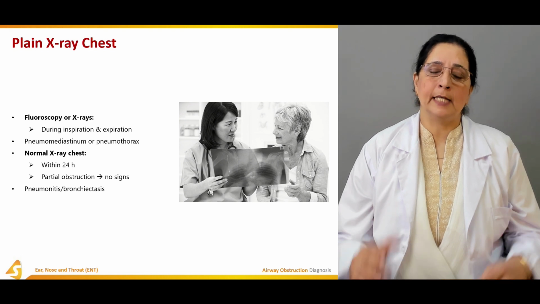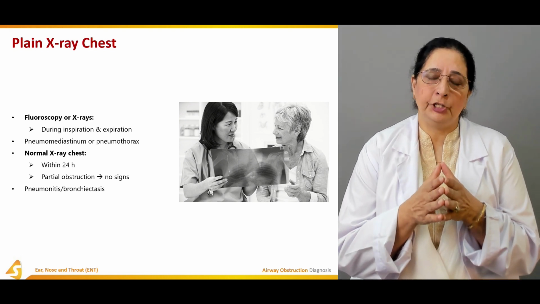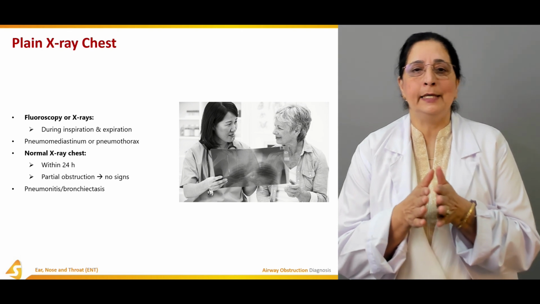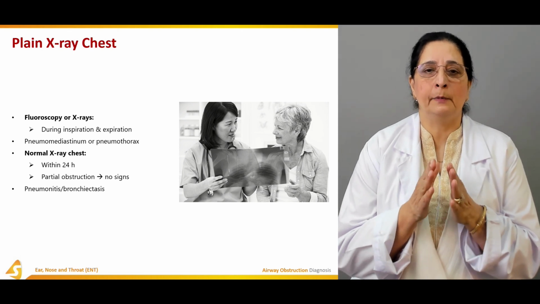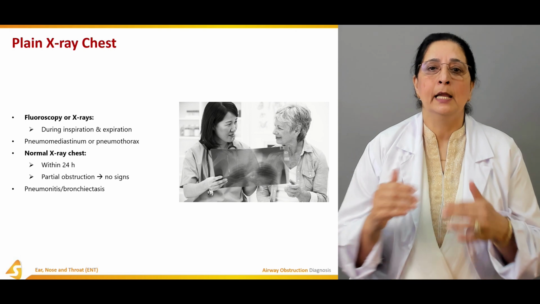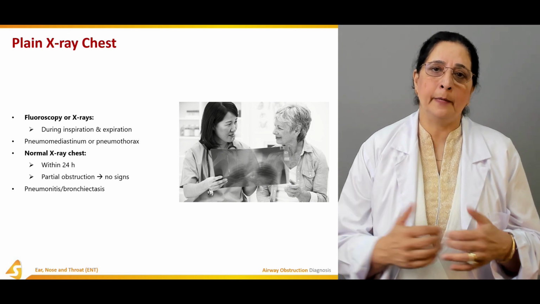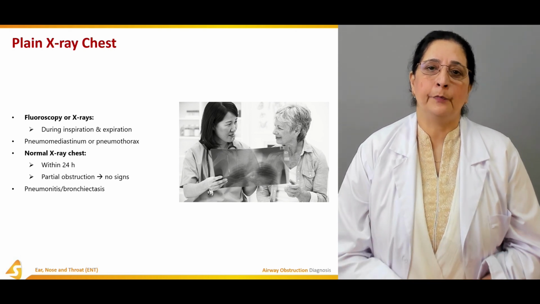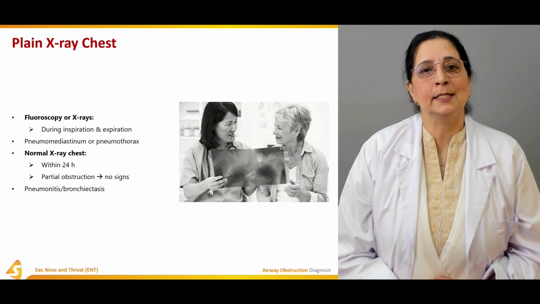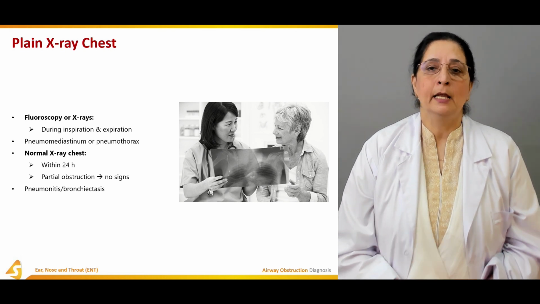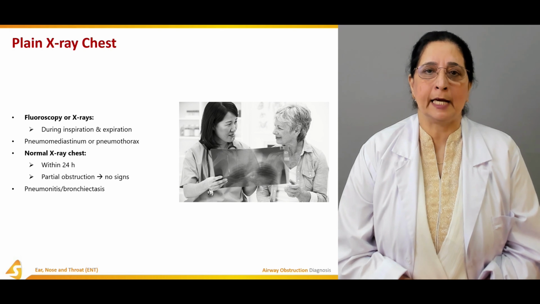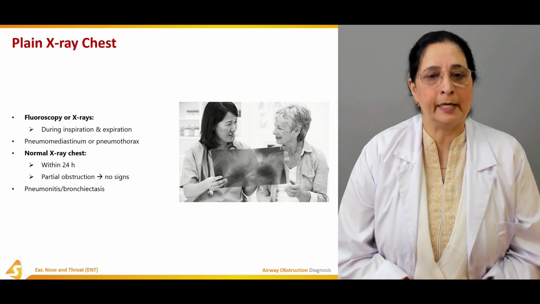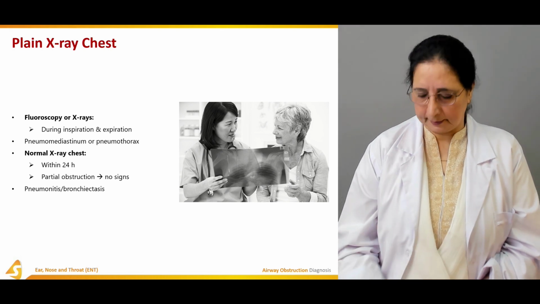Pneumonitis, bronchiectasis. So we already mentioned that depending on the time for which the foreign body is present, if it is for a long time, later symptoms which are produced include pneumonitis, bronchiectasis. That can also be detected on the chest X-ray if they are present.